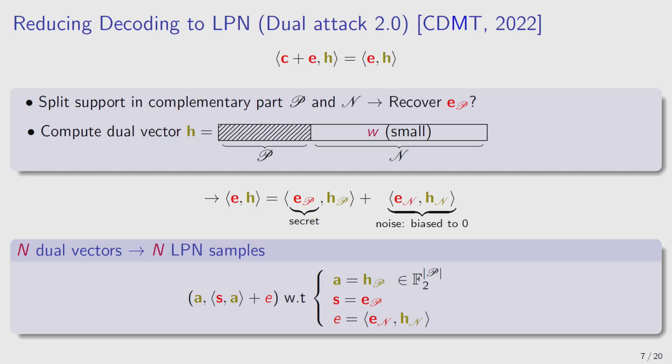So this was the goal of Dual Attack 2.0: to reduce this inner product into an LPN sample.